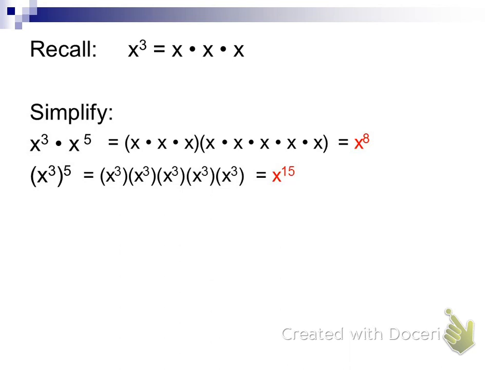So does anyone feel like they could explain the difference there? Yes? When there's no parentheses, then you add, and if there's parentheses, you multiply. Sort of, because she said if there's parentheses, you multiply.